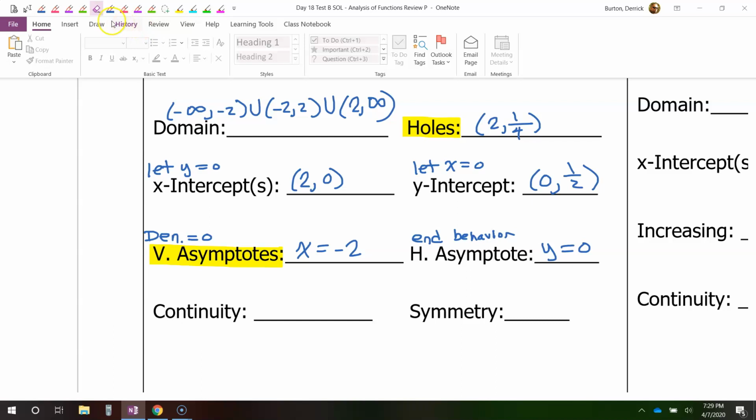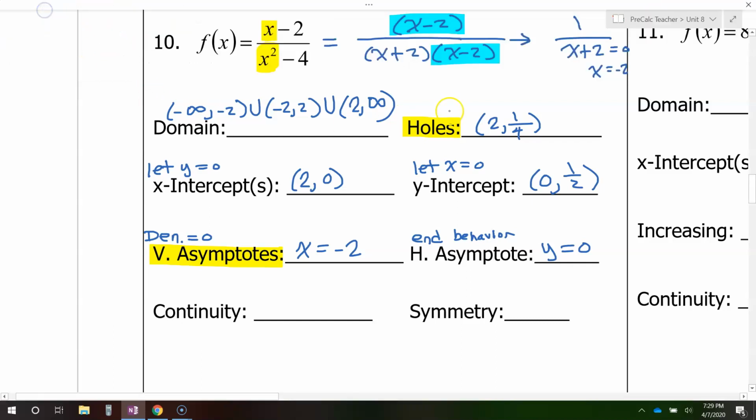Now we've learned that a hole is called a removable discontinuity. So we can say there is a removable discontinuity at x equals 2. We just name the location according to the x value.